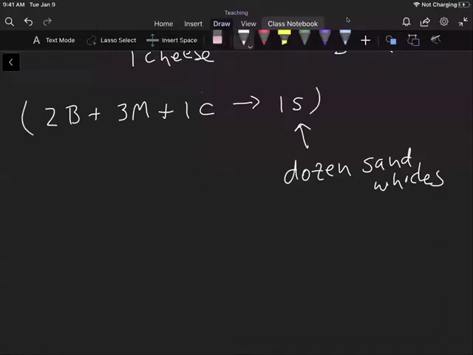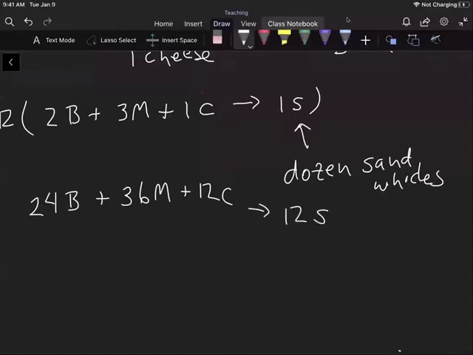And in this case, I want a dozen, so I'm going to multiply everything by 12. Okay, so I need 24 slices of bread plus 36 slices of meat plus 12 cheese, and that's going to give me 12 sandwiches. All right, I took the whole thing and multiplied it by 12.